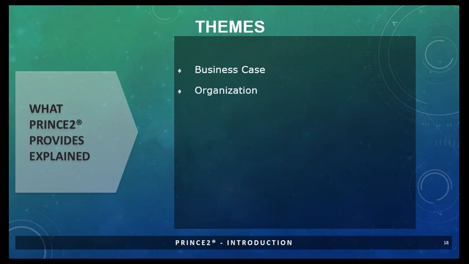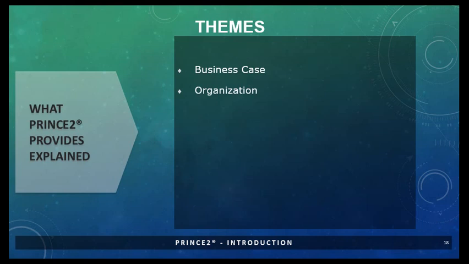The next theme is organization. In this theme, the organization that is sponsoring the project needs to allocate the work to the managers who are responsible for meeting the project objectives.